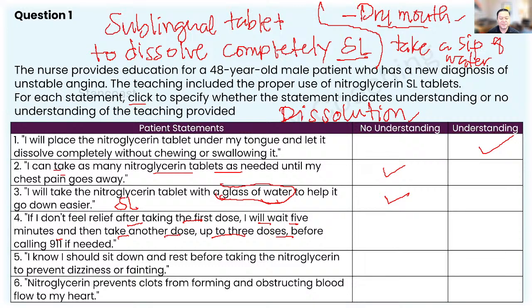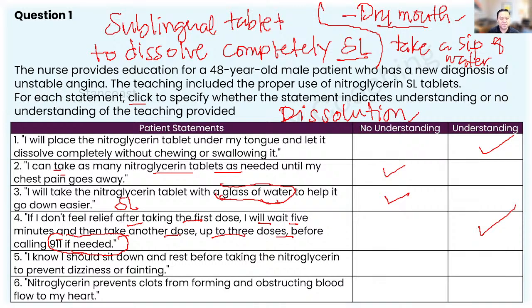So this definitely indicates that there is understanding of the dosing procedure and the importance of asking for emergency help if the pain persists after the 3rd dose. So make sure that they're going to call 911 if the chest pain is not relieved after the 3rd sublingual drug. Okay, so this is going to be the understanding column.